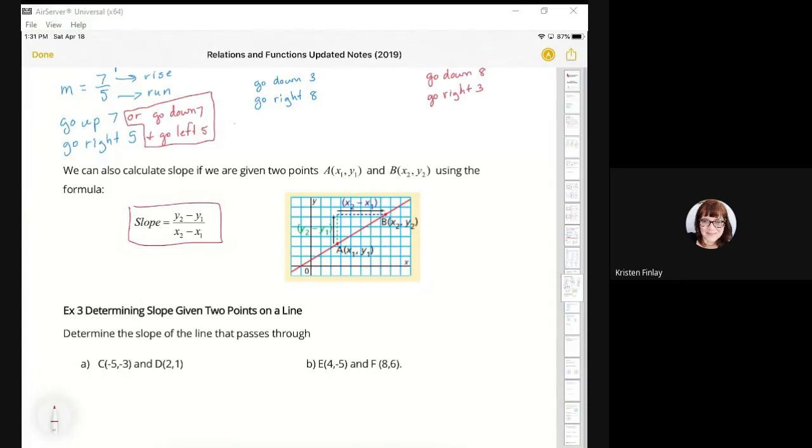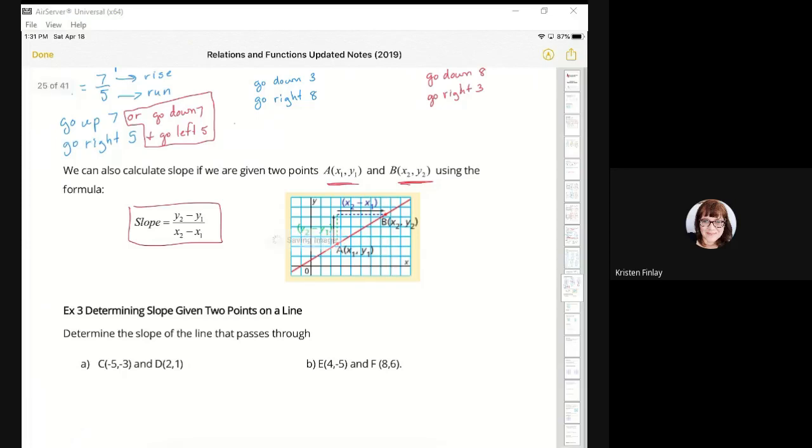So instead of doing the counting, we can simply substitute in. So looking at our equation, if we have 2 points on a line, A and B, we can take the values for y and x on those points and substitute them into this formula and calculate.